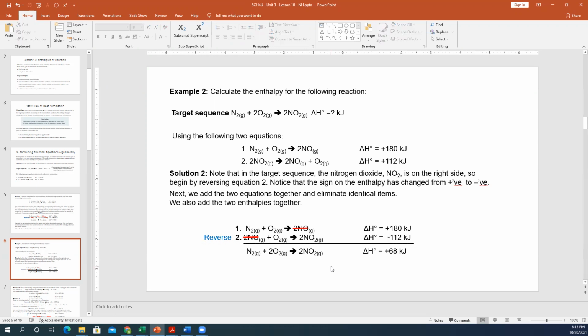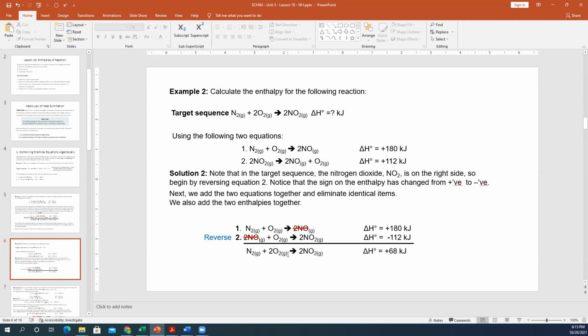And then we cancel the terms that cancel out. So the 2 NO and the 2 NO will cancel out. And then we add things up. So then we have N2, we write it down here. We have 1 O2 plus another O2, so we have 2 O2s, we write it down here.